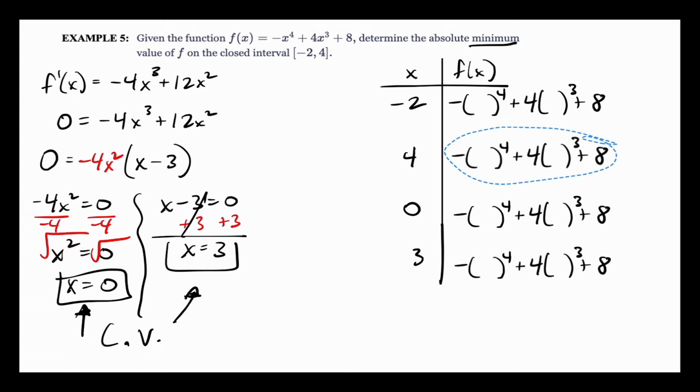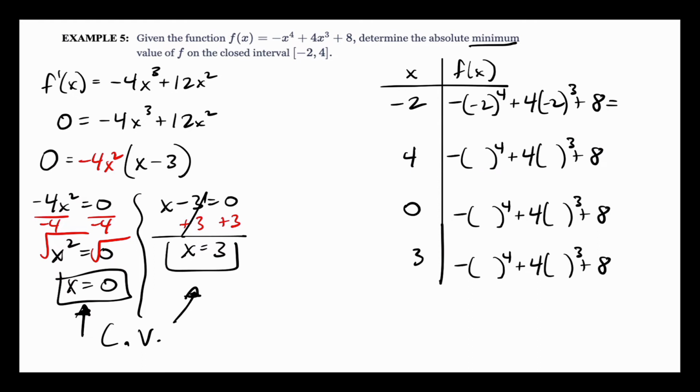So I'm going to plug in -2 first. When I plug in -2, I get positive 16, but with the negative out in front, that makes -16. -2 cubed is -8 times 4 is -32, plus 8. So I get -48 plus 8, which is -40.